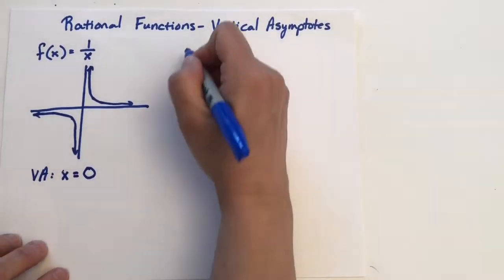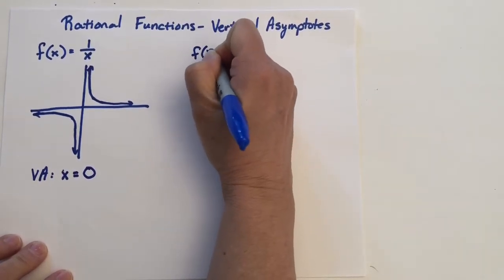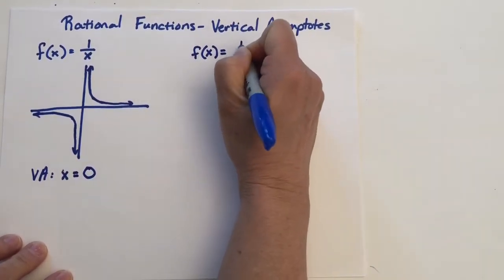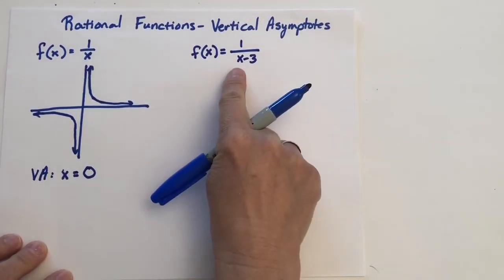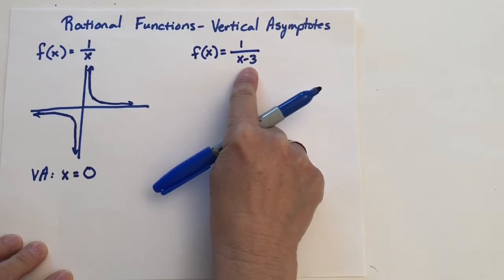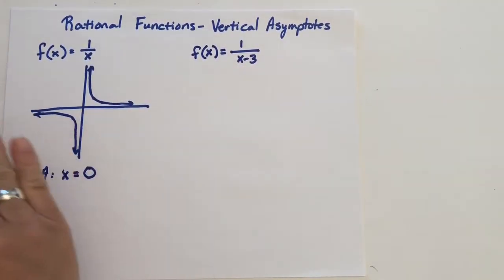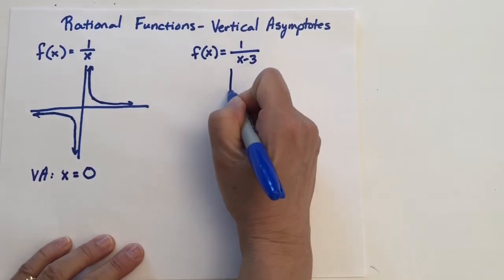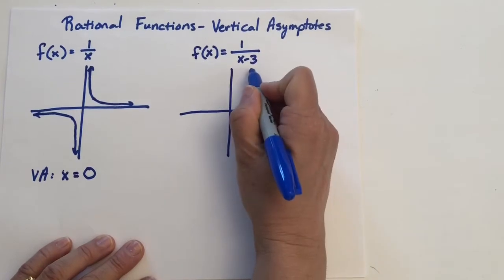Now we know that if we change the function and make it look like this, f of x equals 1 over x minus 3, it has been shifted to the right 3 units. So we take this particular picture, pick it up and shift it right, and now our graph would look like this.